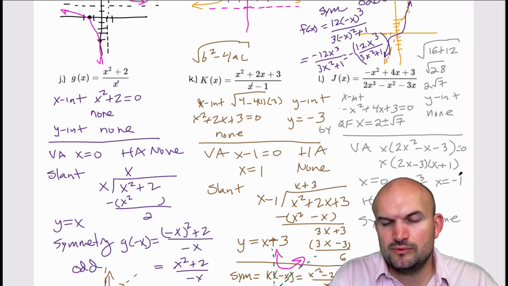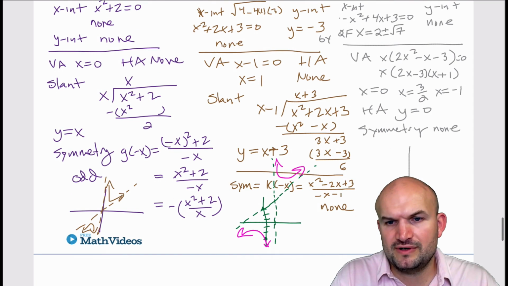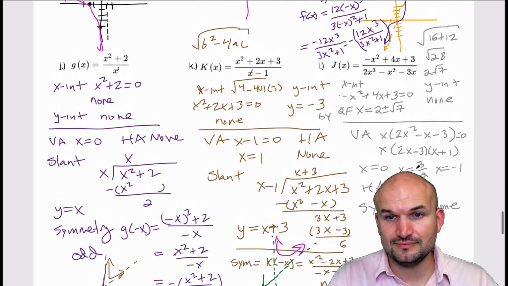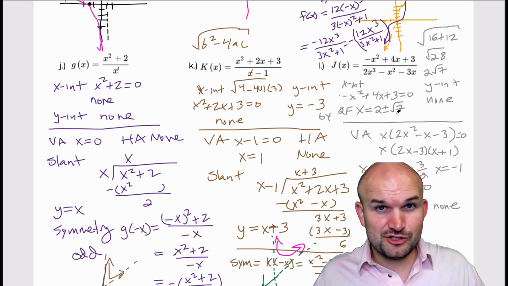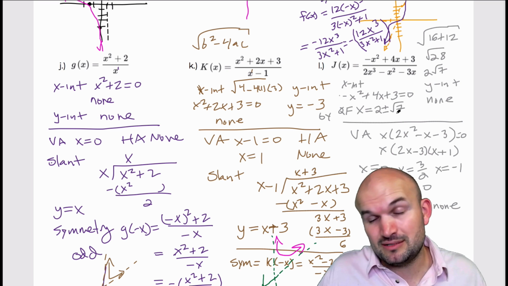And again, you can just check my work here. So let's see what we got. We have these crazy x-intercepts. Now the square root of 7 is 2.6457513, at least approximated.